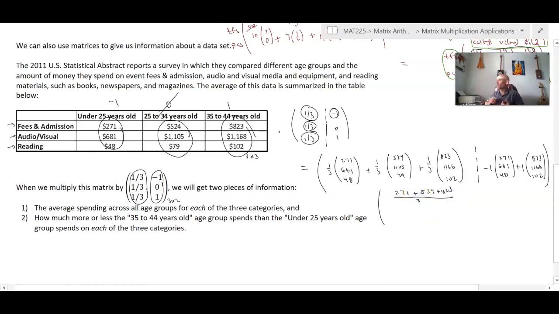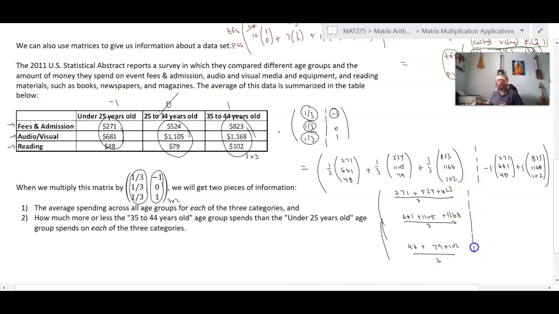So that first row in the first column will consist of the sum of the 3 values all divided by 3. Same thing as taking 1/3 of each value. The second component will be 681 plus 1105 plus 1168 all over 3. And the third element will be 48 plus 79 plus 102 all over 3.